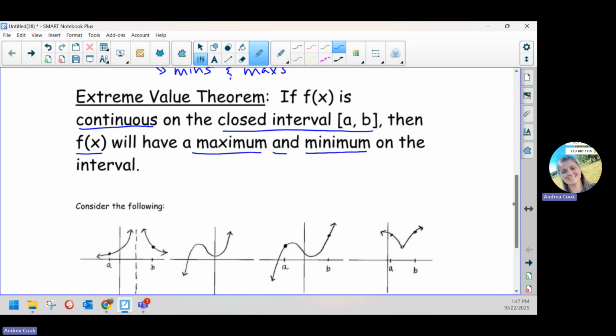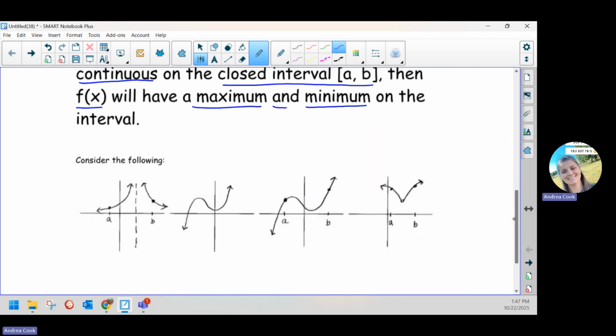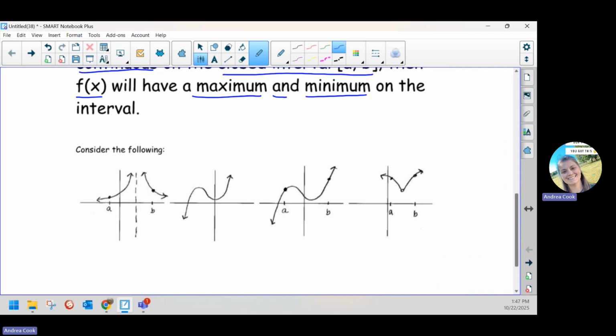So when we look at these next examples, you can see on our first example that there is no min or max. And why is that?